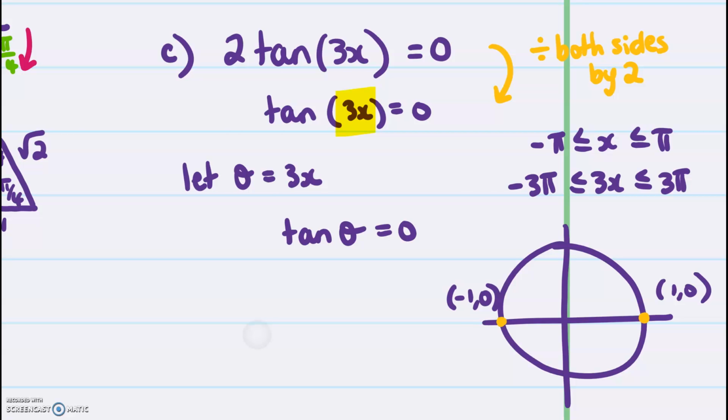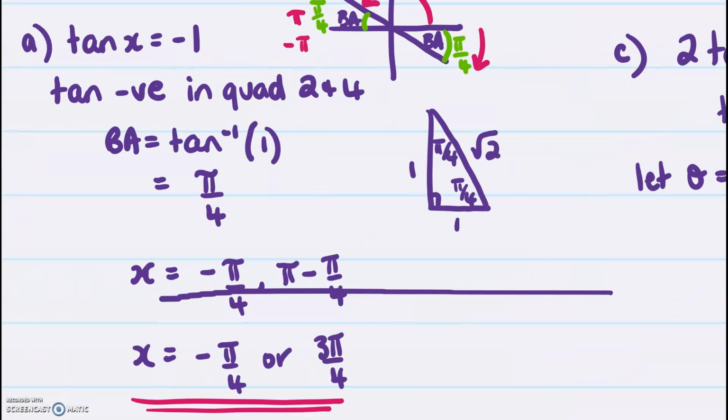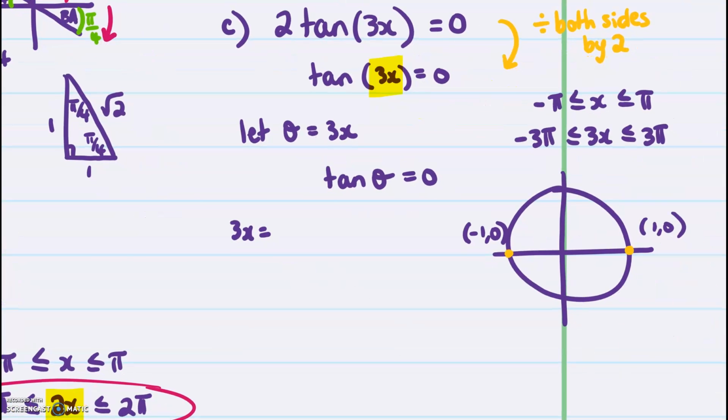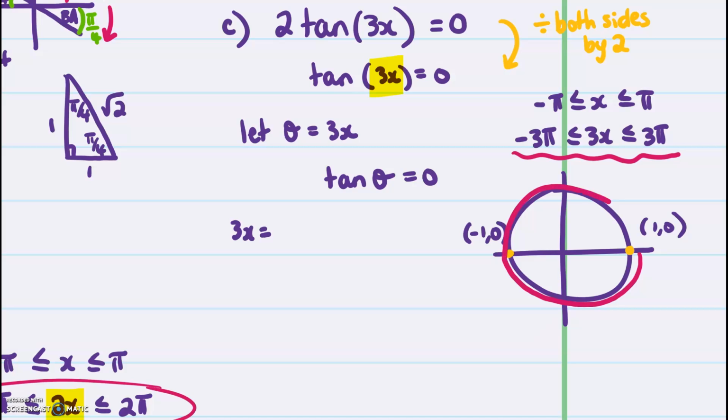So my answers for 3x, which is what theta is, keeping in mind I can go around to negative 3 pi. Looking at this here, my values for 3x from negative 3 pi, so negative 3 pi is going around negative 1, 2, 3. So I can actually have a value of that one.